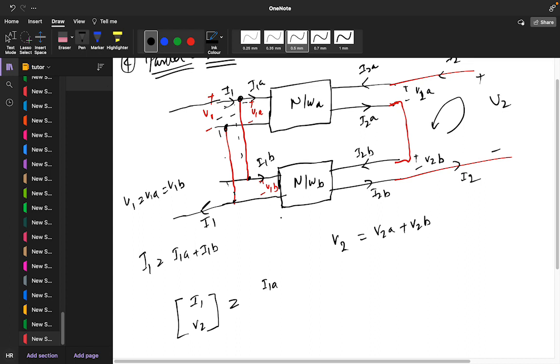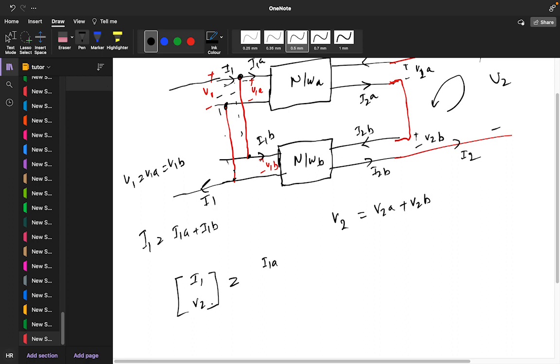Prasanna, why are you so late today? I went out. You have a doubt? What doubt? Okay, I got it. So here I1 is I1a plus I1b, and V2 is equal to V2a plus V2b.